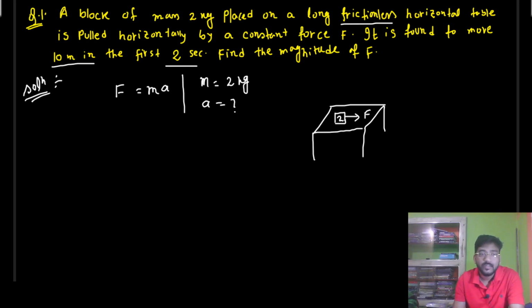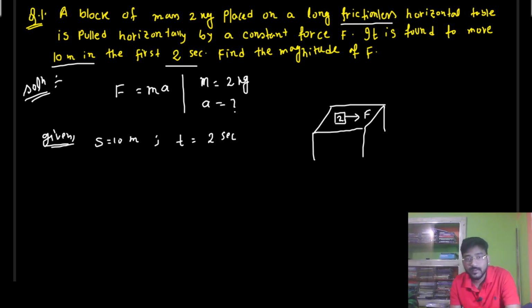You can say that s is equal to 10 meter, and the time required to travel this distance is 2 seconds. And obviously there is an acceleration, that's why we need to apply the force F.